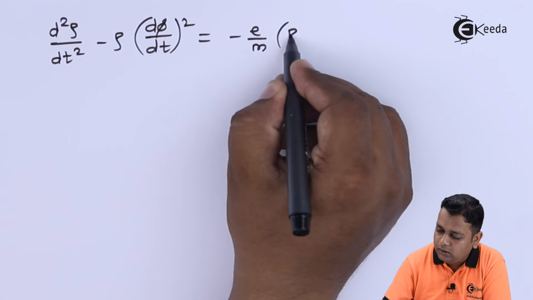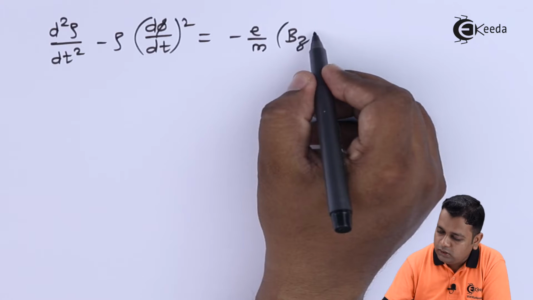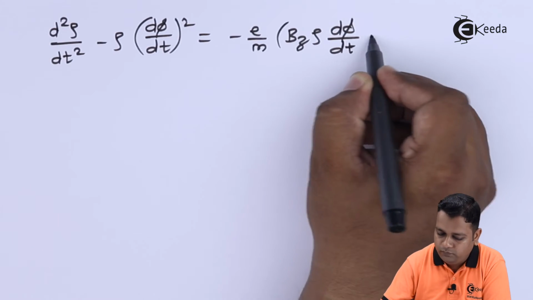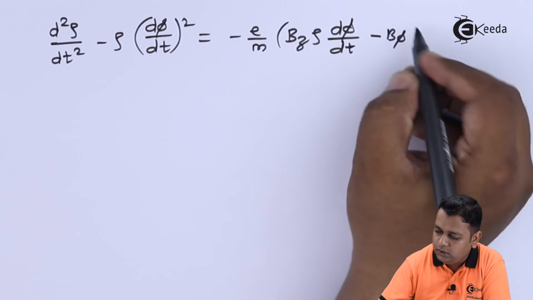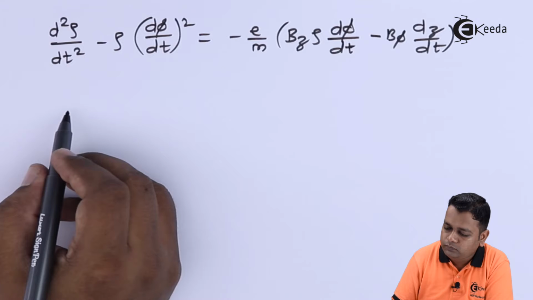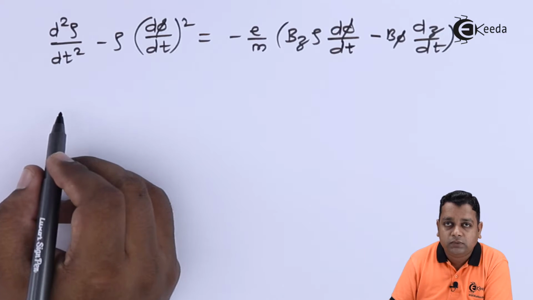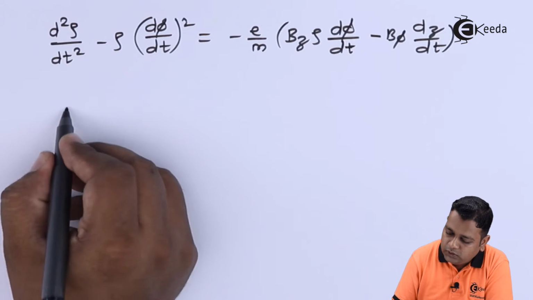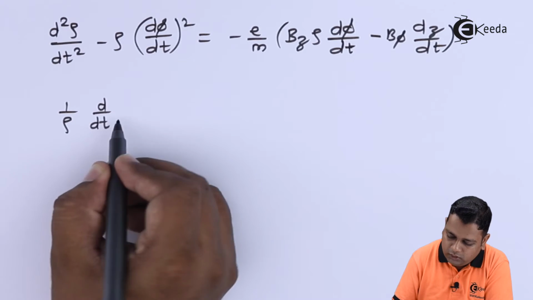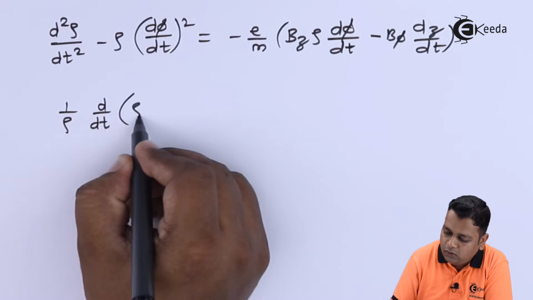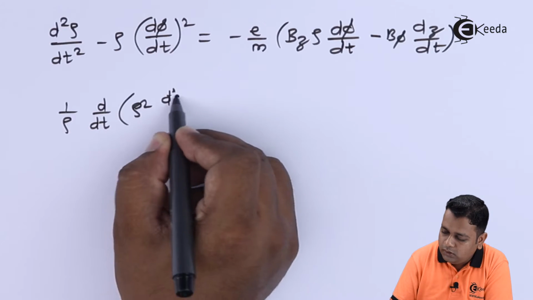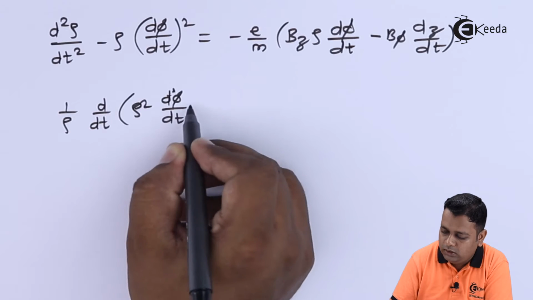In the bracket here we have Bz into rho into d phi upon dt minus B phi times dz divided by dt. The second equation we can write will be 1 upon rho d/dt of rho square in multiplication to d phi by dt.